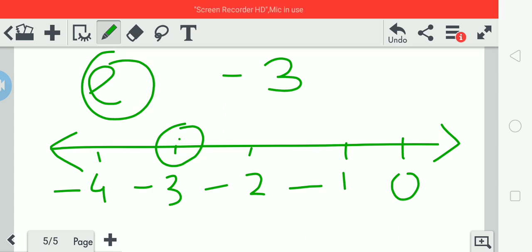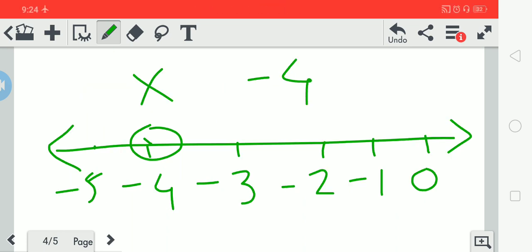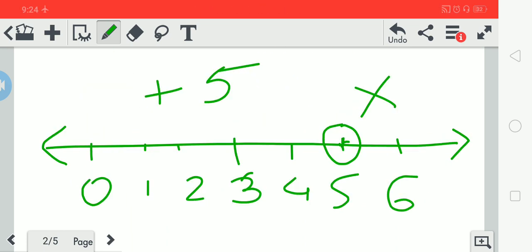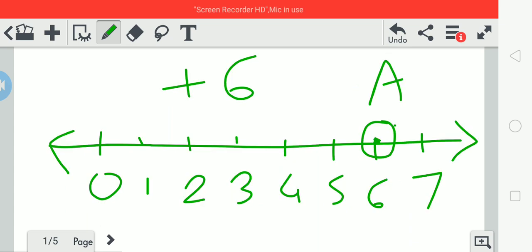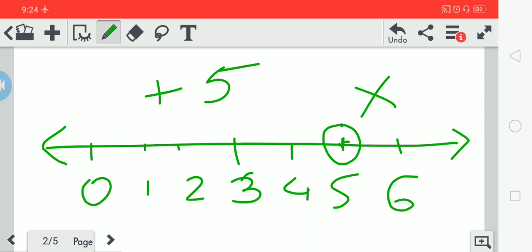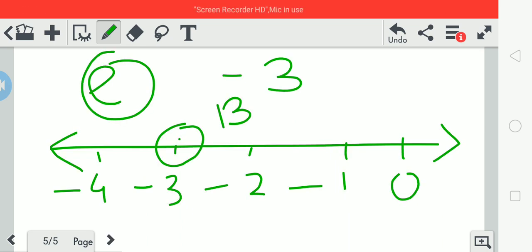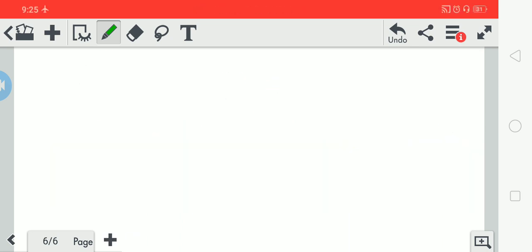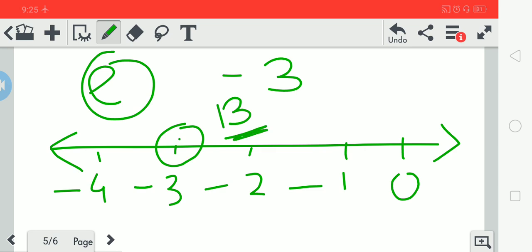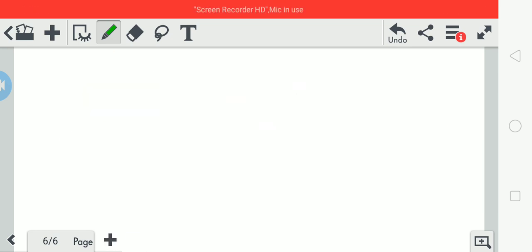You can give any alphabet, like I said. So it is a point B. Understood? In this way we have shown the given integer on the number line, whether it is positive or negative. In this way you have to show it and assign the particular point a specific alphabet.